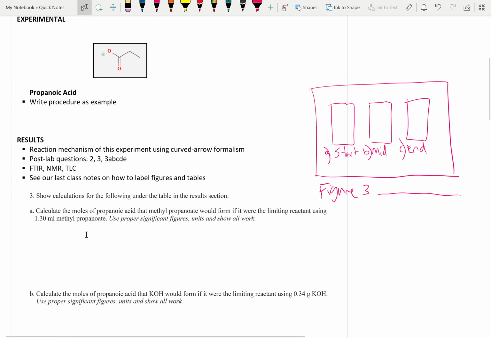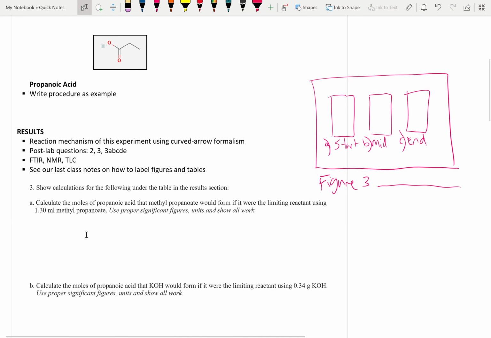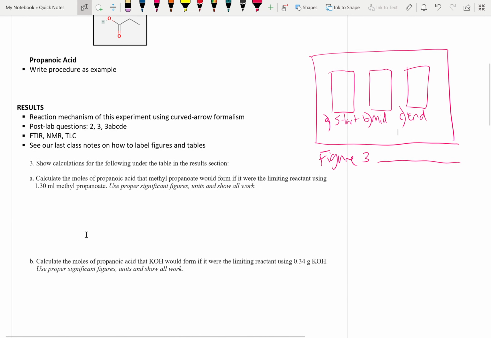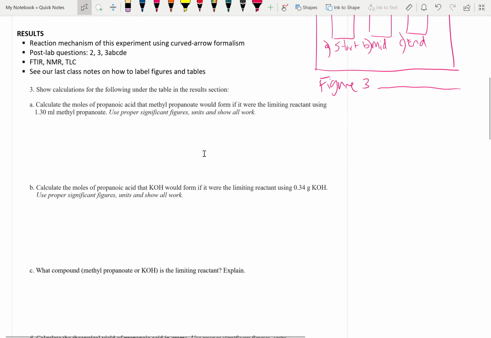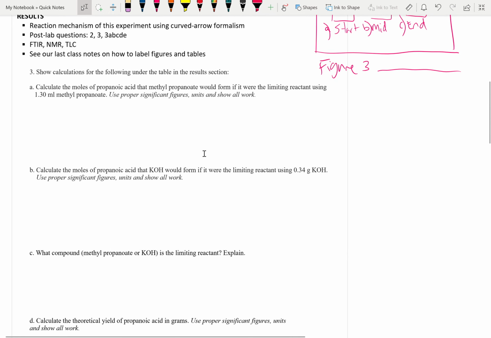Then it says, okay, so you refer to your old packet of how to label the figures and tables. Now, right here, what I have is question 3, the second 3 that has A, B, C, D, E present.